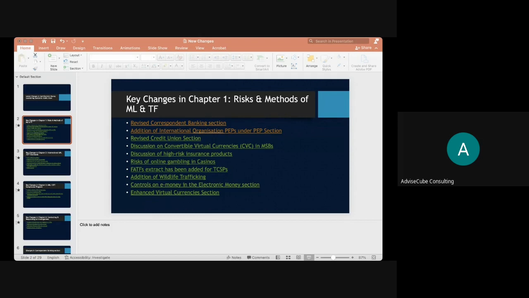Someone is saying that the slides are not changing. Okay. One moment. Can you guys see it? Is it working fine with everyone? I'm not sure. Now can you move to slide number 3, please? I am now on chapter 1, risk and methods of money laundering and terrorism financing. Can you see what you see now?